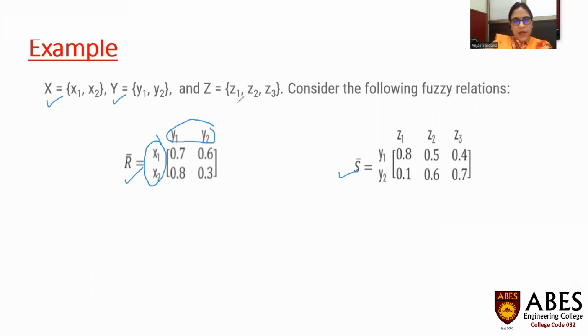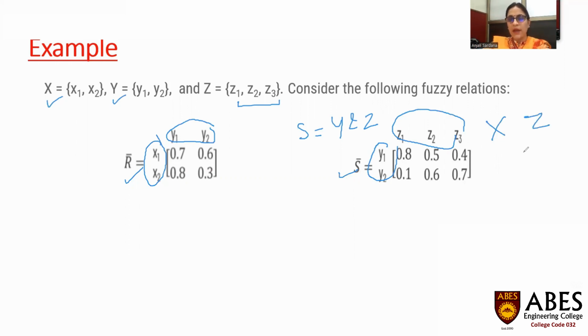Z is represented as this, and S is the relationship between two fuzzy sets Y and Z. So these are the elements of Y and these are the elements of Z. If we want to compute the relationship between the elements of fuzzy set X and elements of fuzzy set Z, then I'll be using the composition here. So it will be R composition S. To perform the composition, this size is 2 cross 2 and the size here is 2 cross 3, and the resultant matrix size will be 2 cross 3.